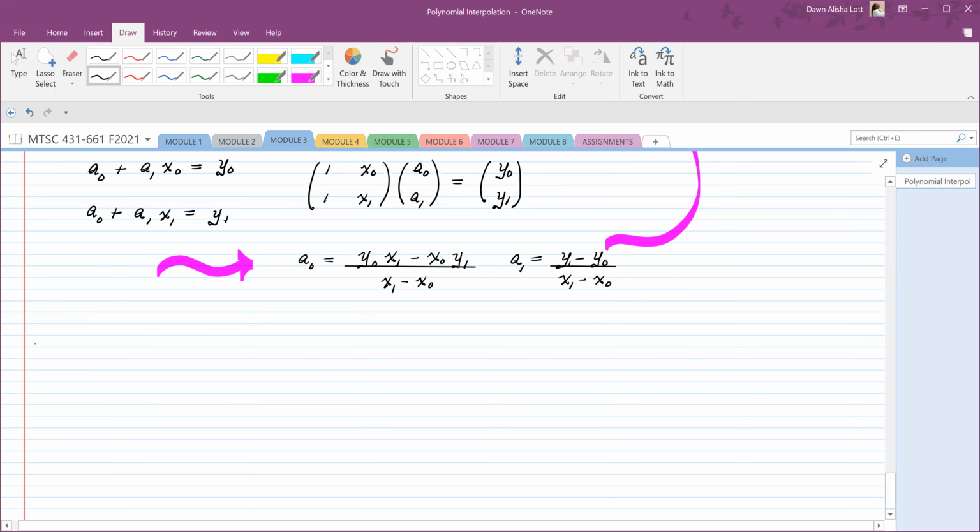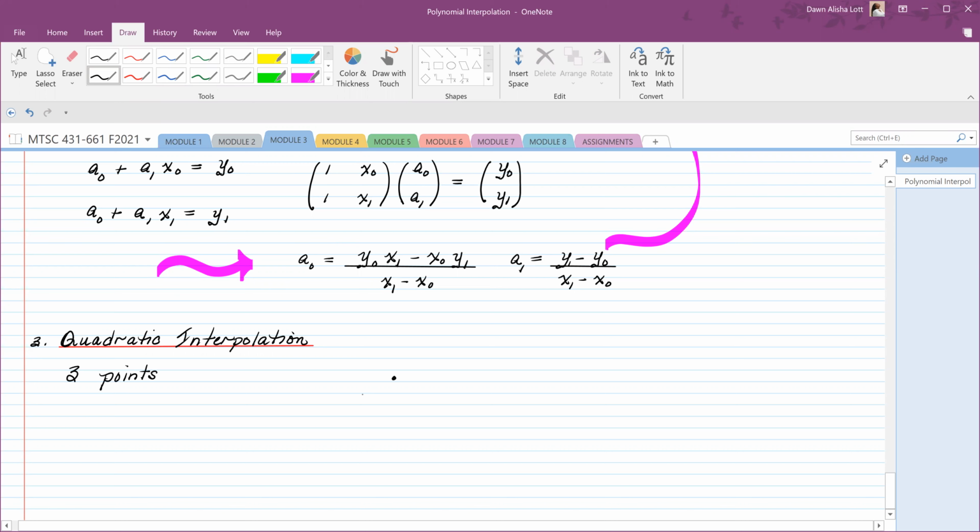All righty, let's do quadratic interpolation. So now I have 3 points. With quadratic interpolation, I'm trying to draw a parabola through these 3 points.